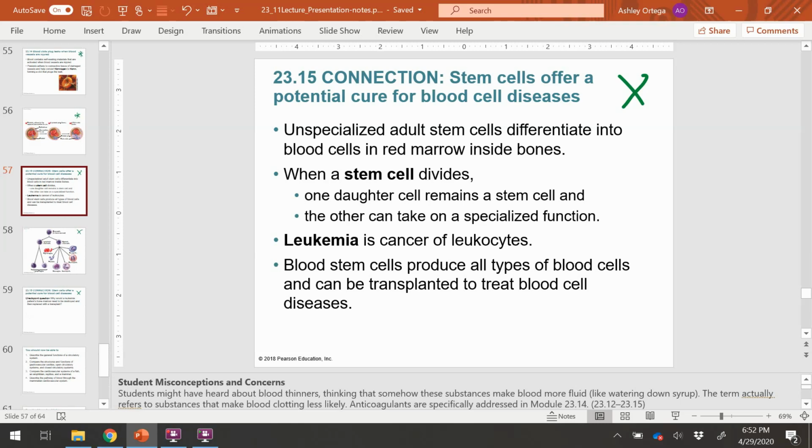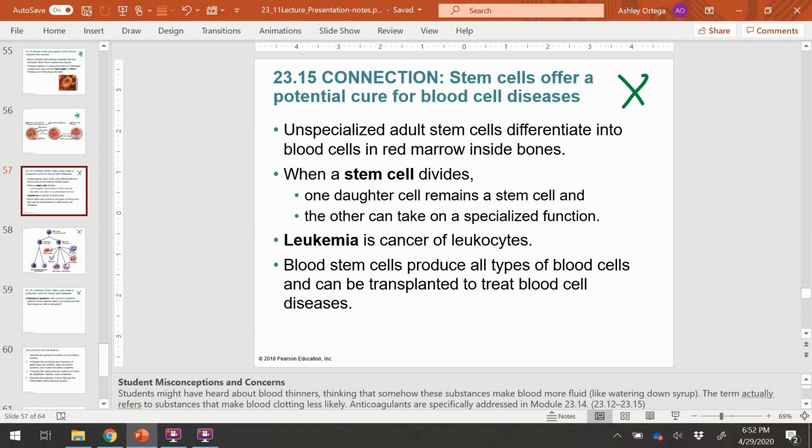In the leukocytes, the white blood cells, leukemia is actually a cancer of these cells where they have uncontrolled growth. There are many other aspects about stem cells, the white blood cells, and even the red blood cells that we haven't covered. But overall, the ideas here are explored.